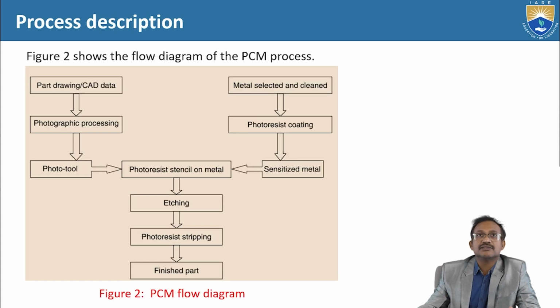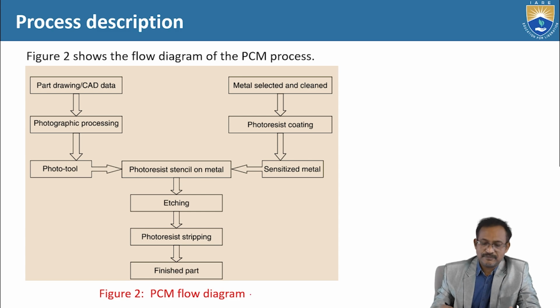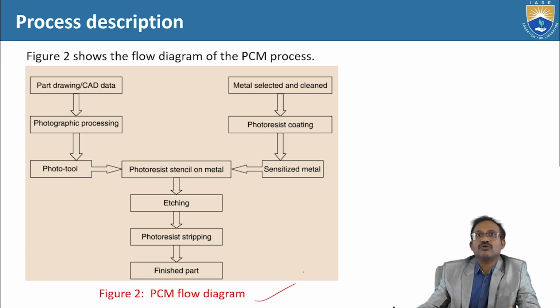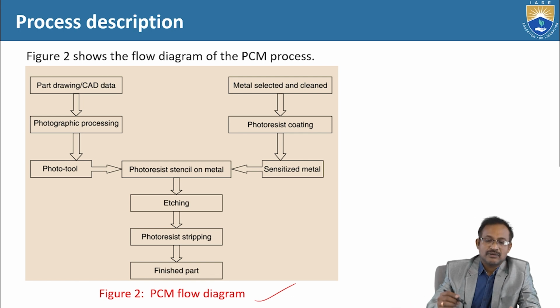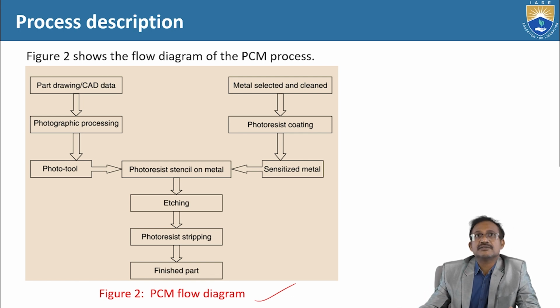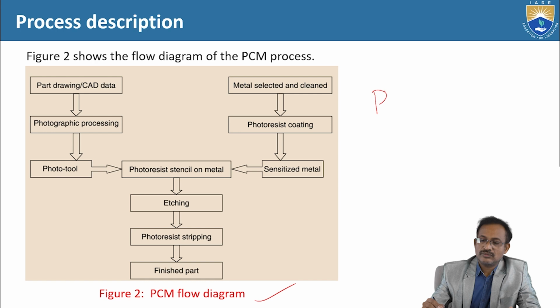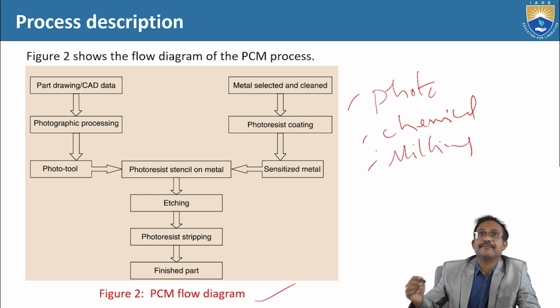Now look at this process description. This is the PCM flow diagram. PCM means photochemical milling. Figure 2 shows the flow diagram of the PCM process.